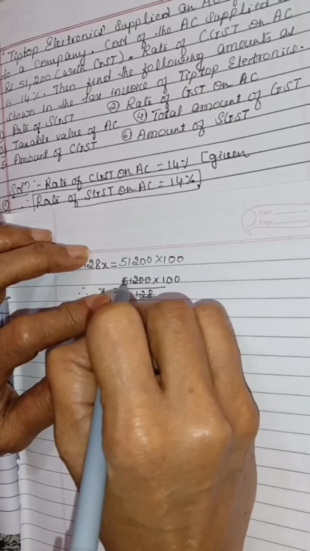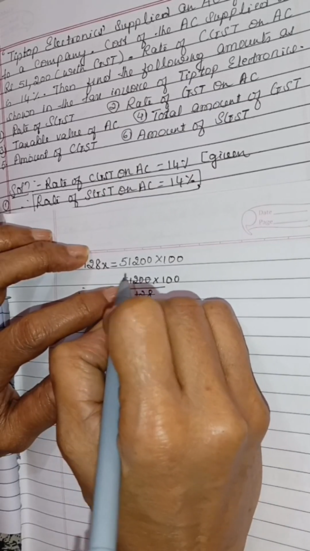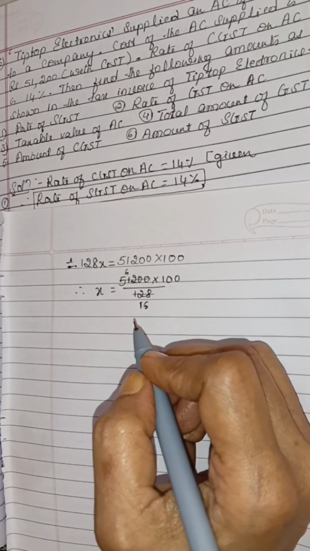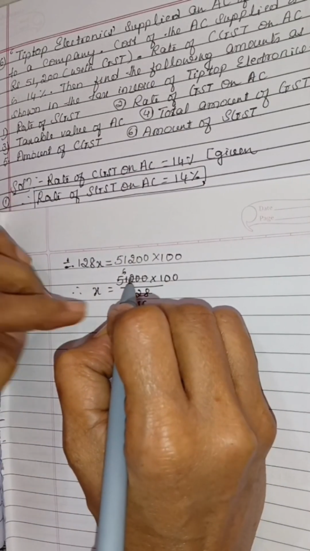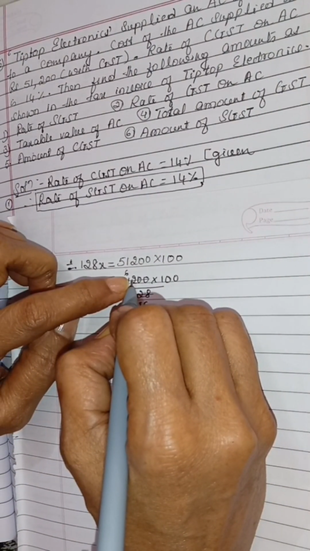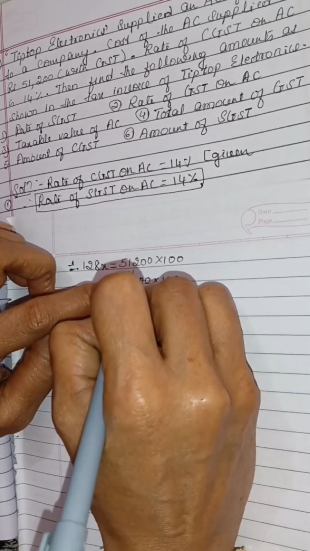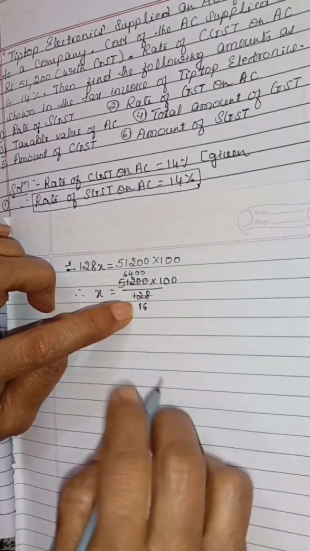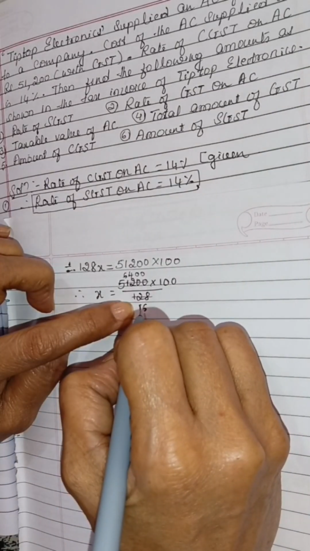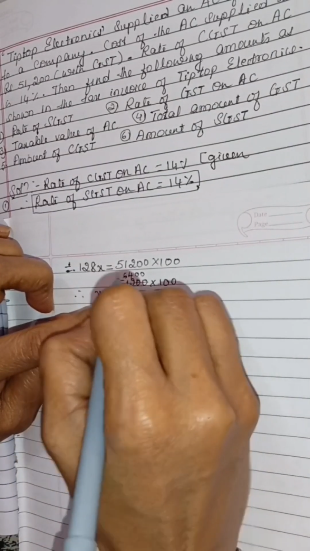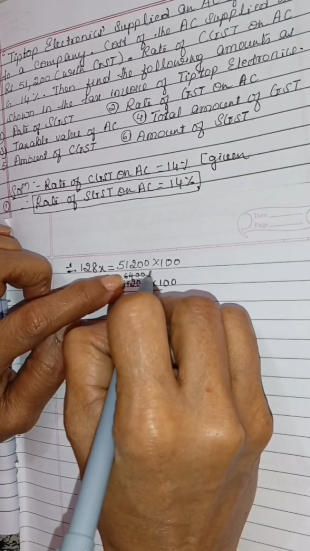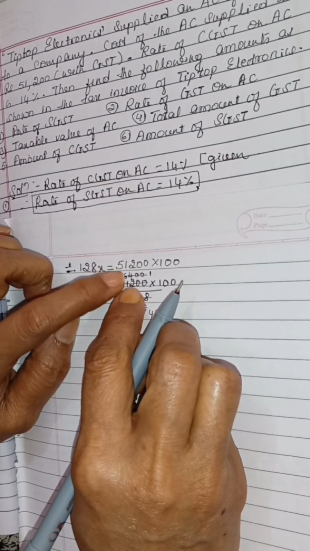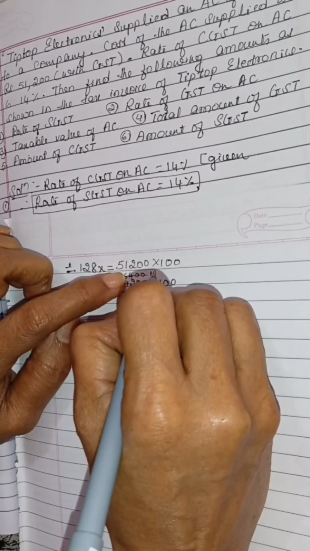Now here this is 51. 8 sixes are 48. 48, 49, 50, 51. Then 32. 8 fours are 32. Then 20. 4 fours are 16, 4 sixes are 24.